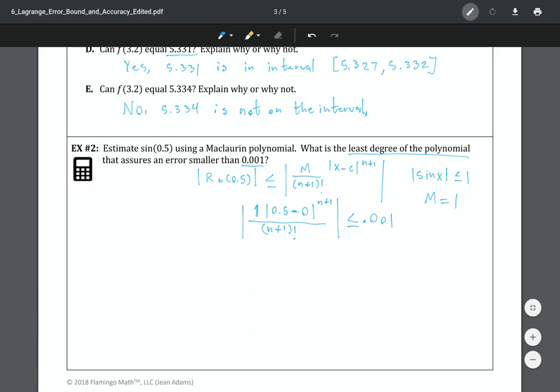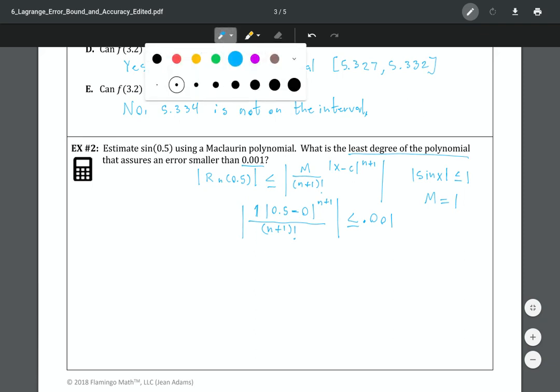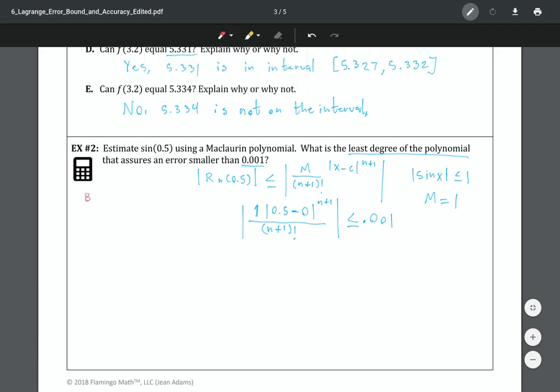I'm going to have to go off on this side over here, per se, and by plugging in, I'm going to have to just basically grab my calculator. And notice that I'm going to write it without the absolute value, right? Nothing here is going to change really. What I have on the top here is 0.5 to the power of n plus 1 over n plus 1 factorial.